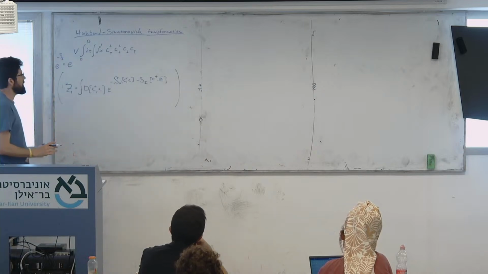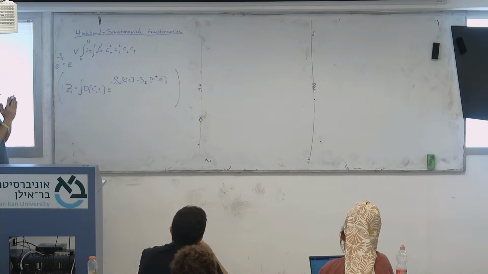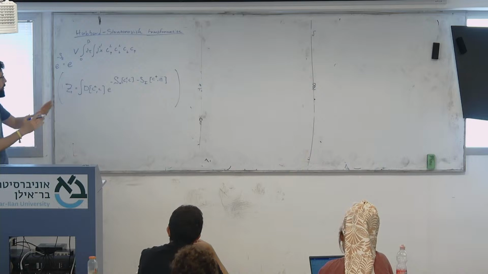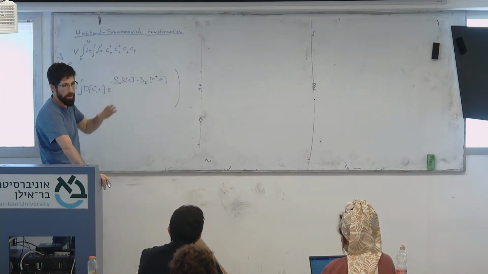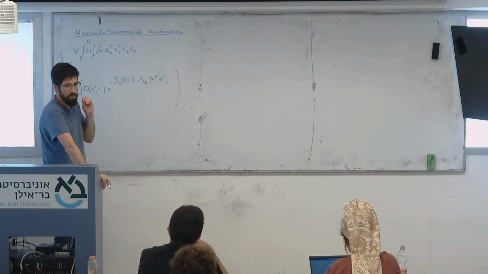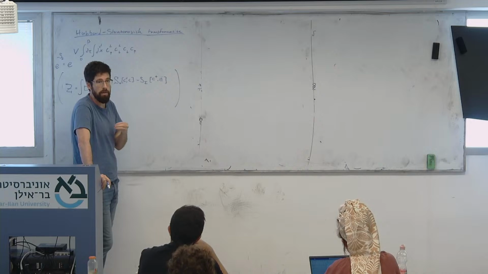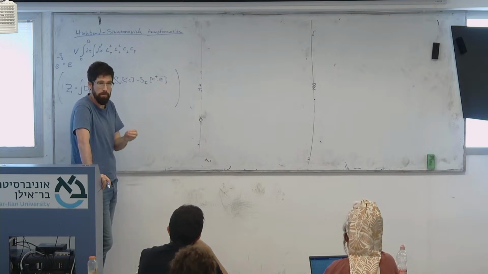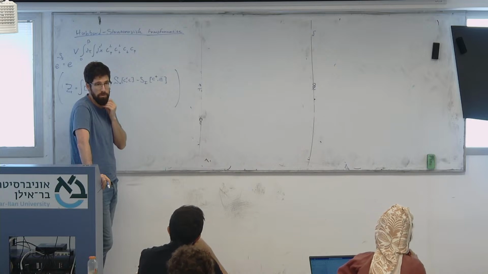Now, the Hubbard-Stratonovich transformation is going to take us from an action which is quartic in the fermions to an action that is quadratic in the fermions. But the price we're going to pay is that we're going to add another boson field which these fermions are going to interact with.